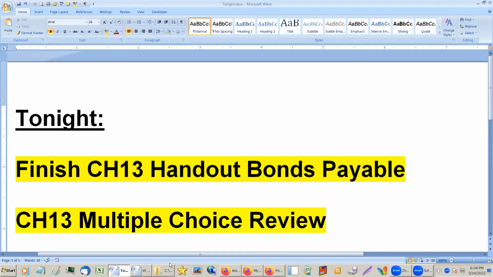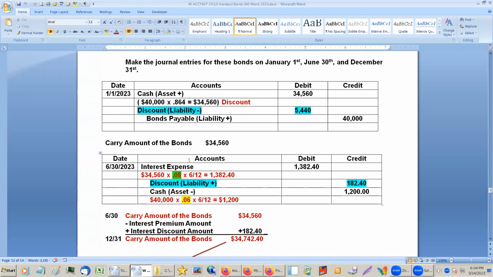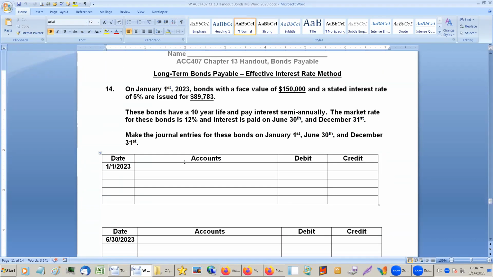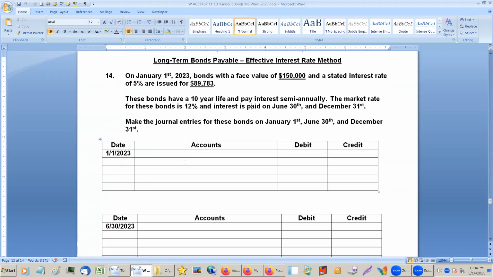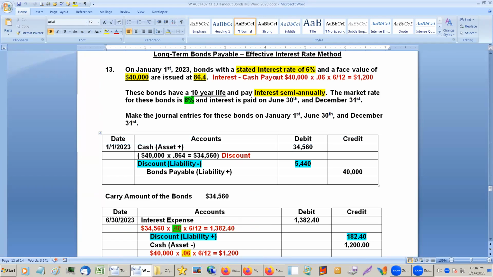Okay. So I think we stopped off on 14. Sometimes the bonds are shown as a percentage.